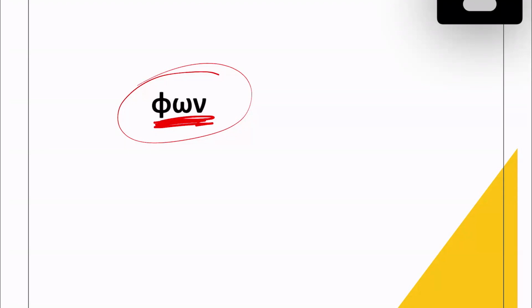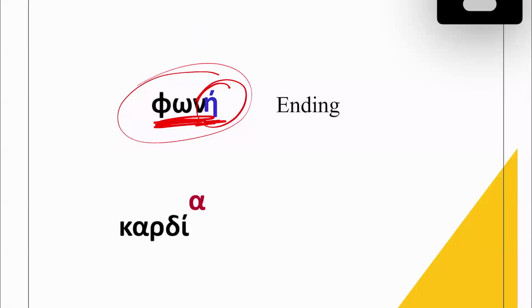It's sort of the rawest part of the word before we add an ending onto it. So once we add on our ending, this eta, we then can start to determine how the word is functioning in the sentence. Same is true of the word cardia. The rawest part of the word cardia is cardi, and then we add on an ending, this alpha.